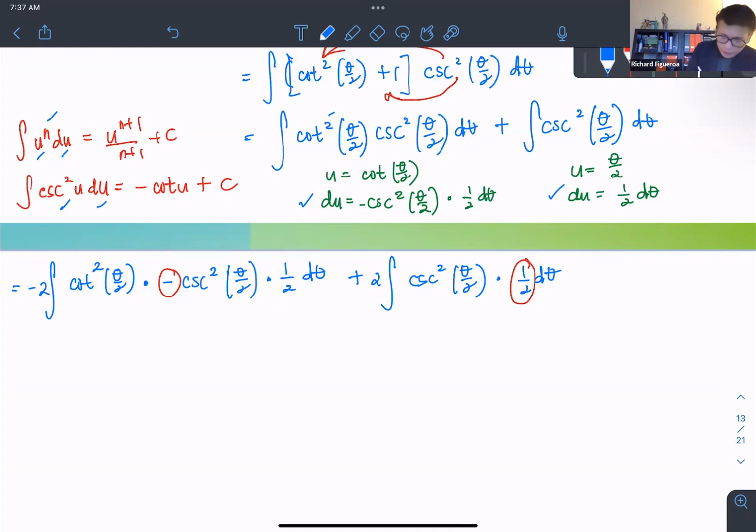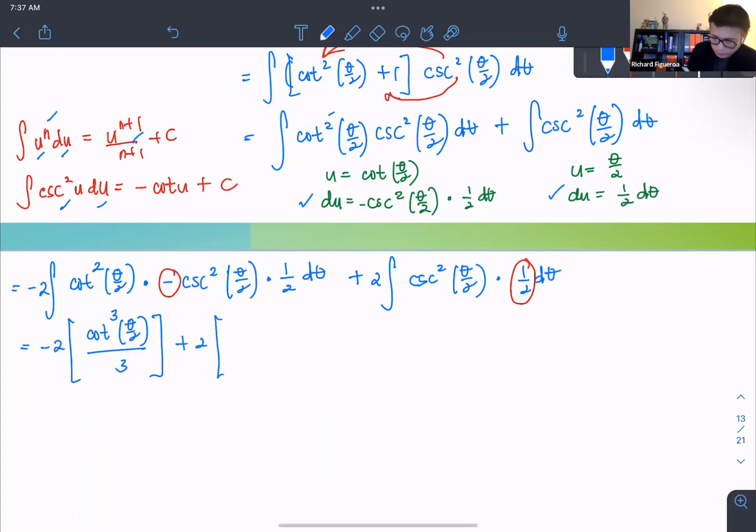So now we can integrate it. So negative 2, multiplied with this formula. Our u is cotangent theta all over 2. Our n is 2, so 2 plus 1 is 3, all over 3. And the second one, plus 2 times, it's negative cotangent.